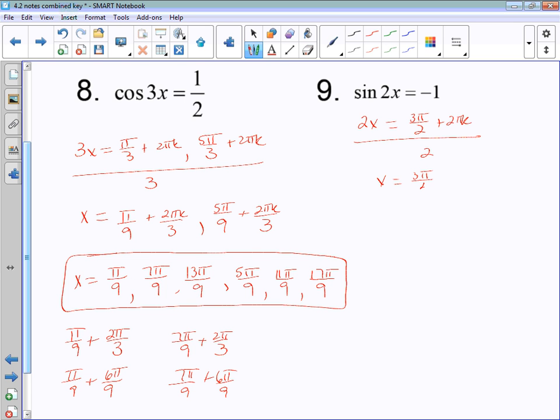So we get 3 pi over 4 plus pi k. Okay, so your first answer is 3 pi over 4. If you add pi to that, that's like adding 4 pi over 4. You get 7 pi over 4. And then you're done.